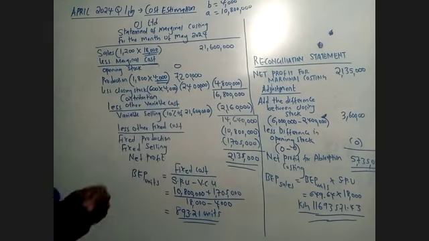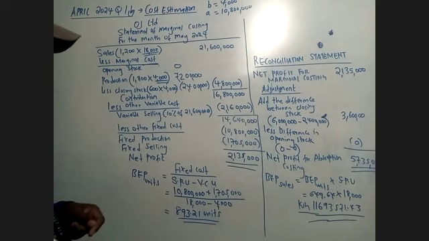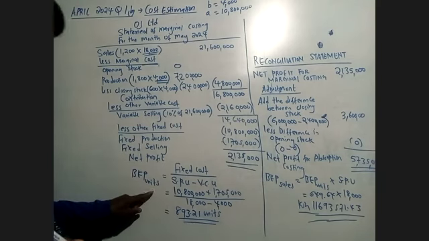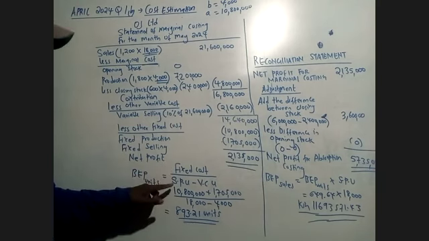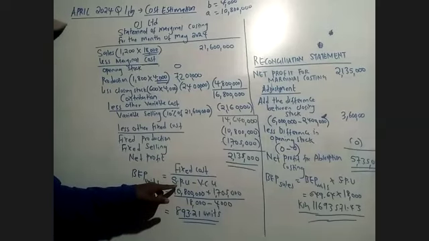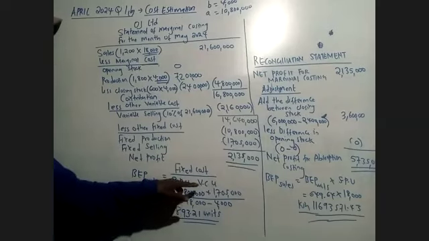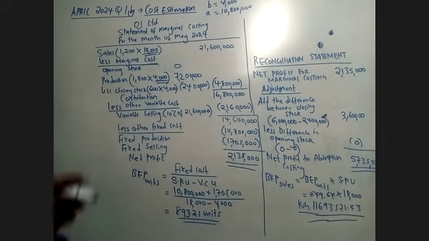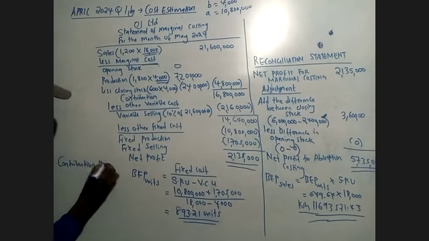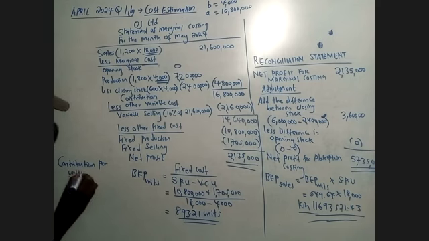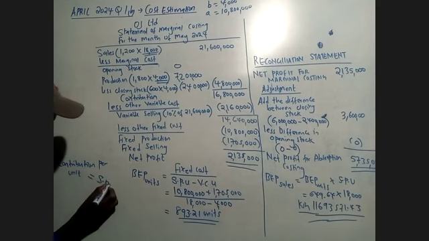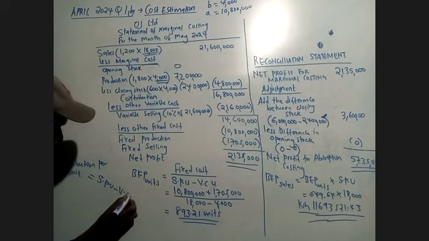Sawa. So, tunasema break-even point in units ni total fixed cost we divide with selling price per unit minus variable cost per unit. And remember contribution per unit is equals to selling price per unit minus variable cost per unit.